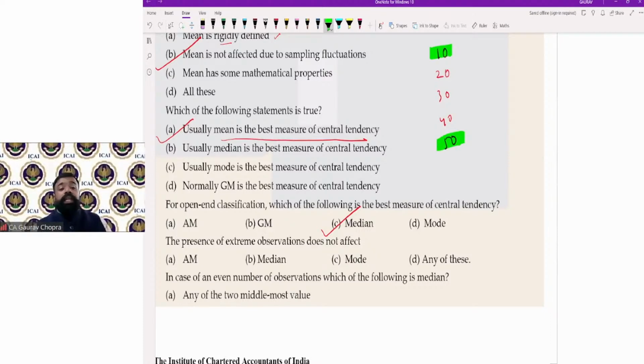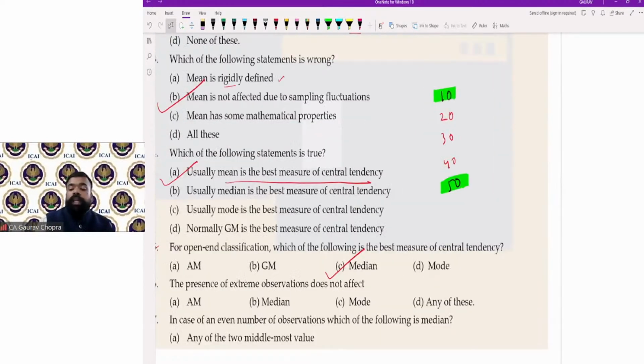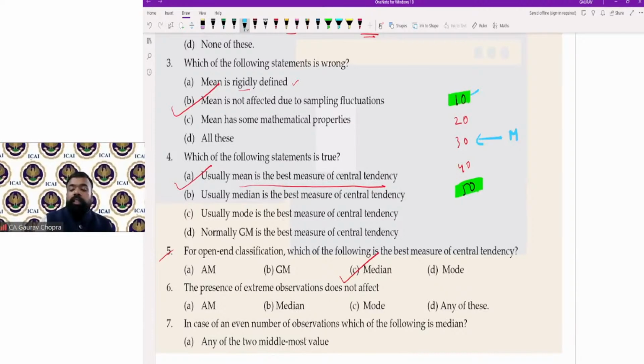Answer is median, because median का मतलब होता है it is the middlemost value of an arranged series. तो अगर हमने 10 को 5 कर दिया या 1 कर दिया, it doesn't make any difference for median. 50 को मैंने 100 या 500 कर दिया, median will remain same. But if you check on arithmetic mean, it will change. Mode might get affected, but median will not get affected due to extreme observation.